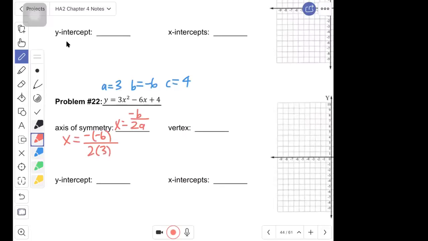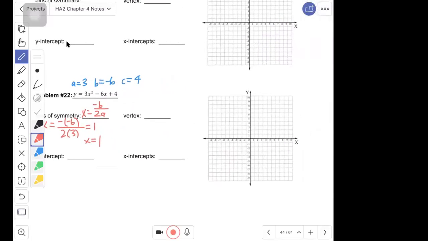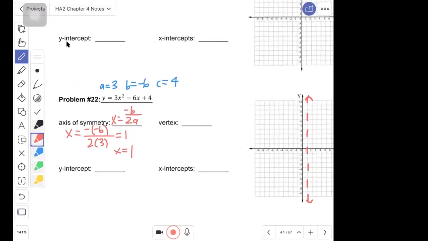We end up getting a positive 6 in the numerator with the double negatives. So this is 1. So our axis of symmetry is x equals 1. I'm going to go right over to my graph and draw that axis of symmetry at x equals 1. Our vertex, we're plugging in 1 for x.